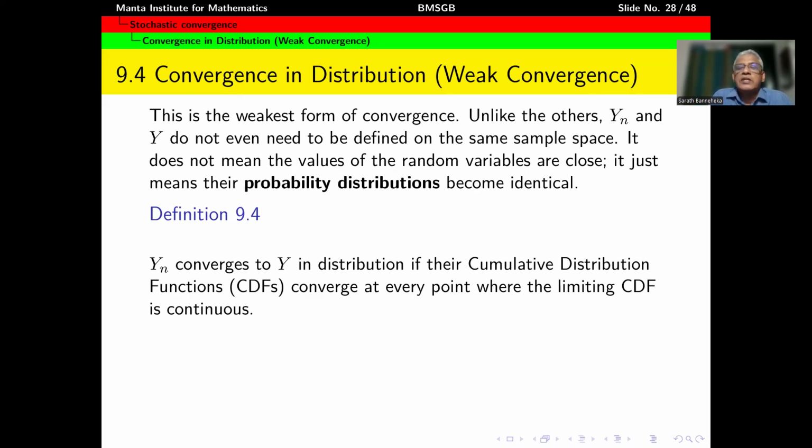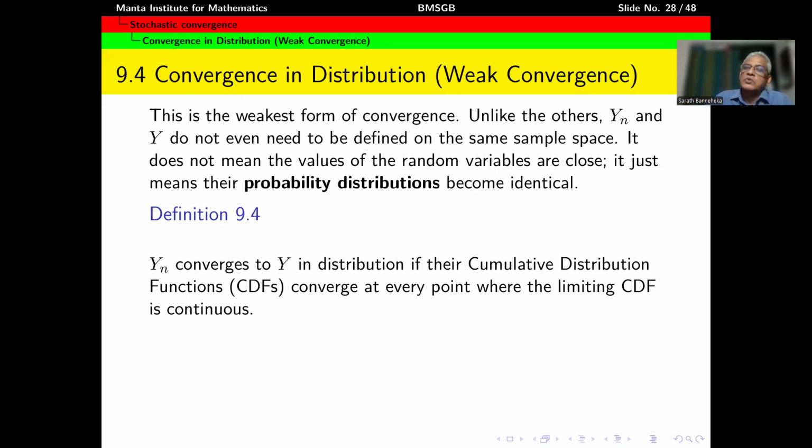But usually, the definition of the convergence in distribution is specified in terms of the cumulative distribution function. So, cumulative distribution function of y1, cumulative distribution function of y2, and so on, and finally, the cumulative distribution function of y.